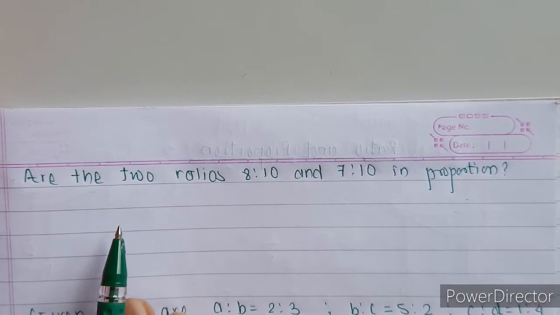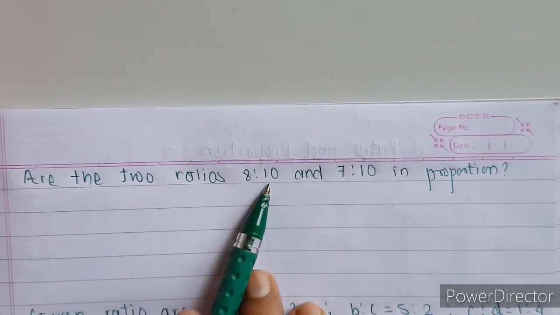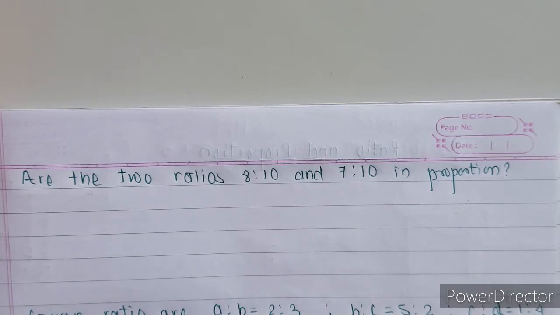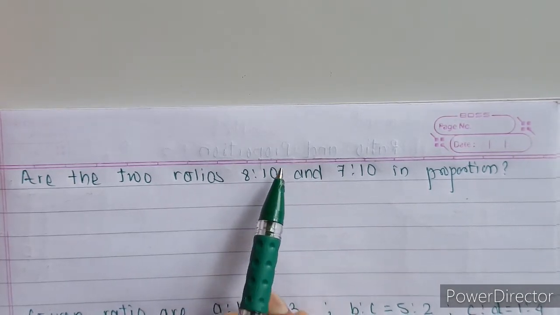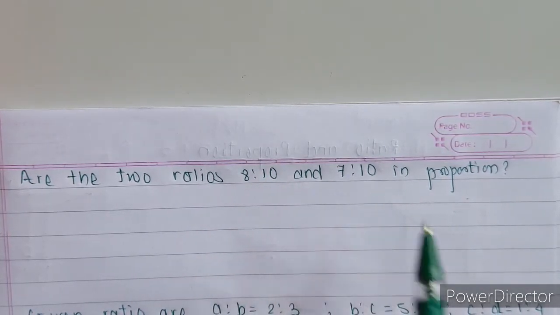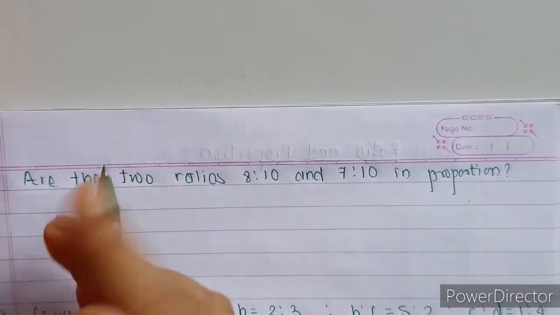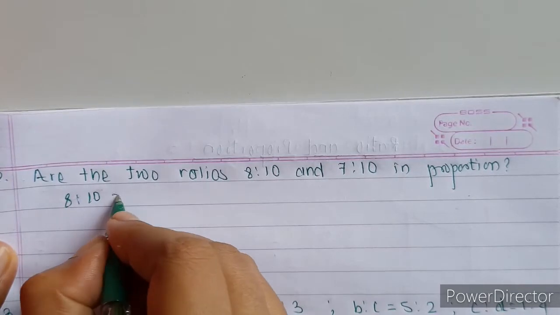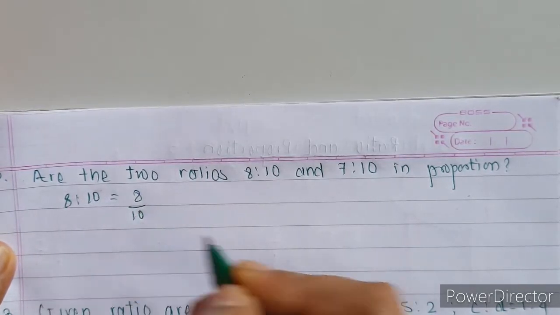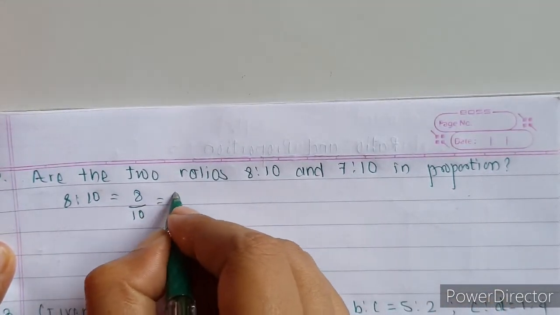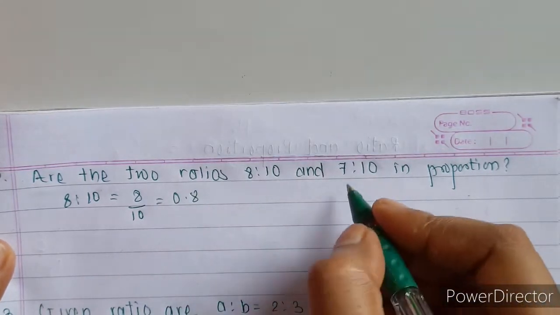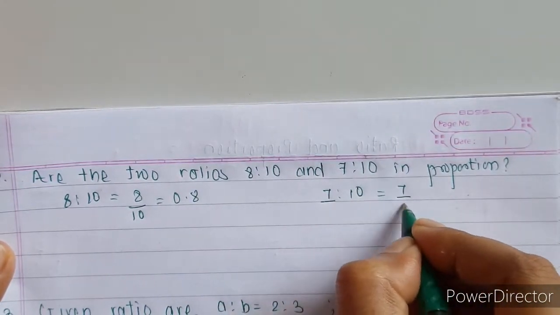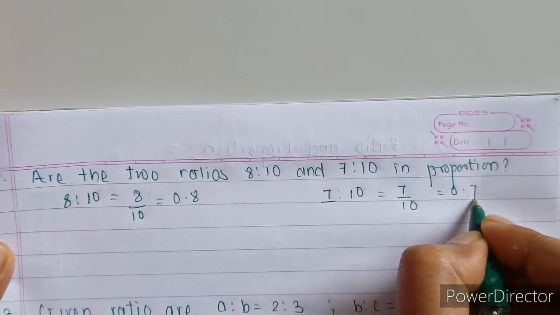Next question. Are the ratios 8:10 and 7:10 in proportion? Again the same question. We have to check whether 8:10 is in proportion with 7:10. Let's start with 8:10. This can be written as 8/10, which is nothing but 0.8. 7:10 is nothing but 7/10, which is 0.7.